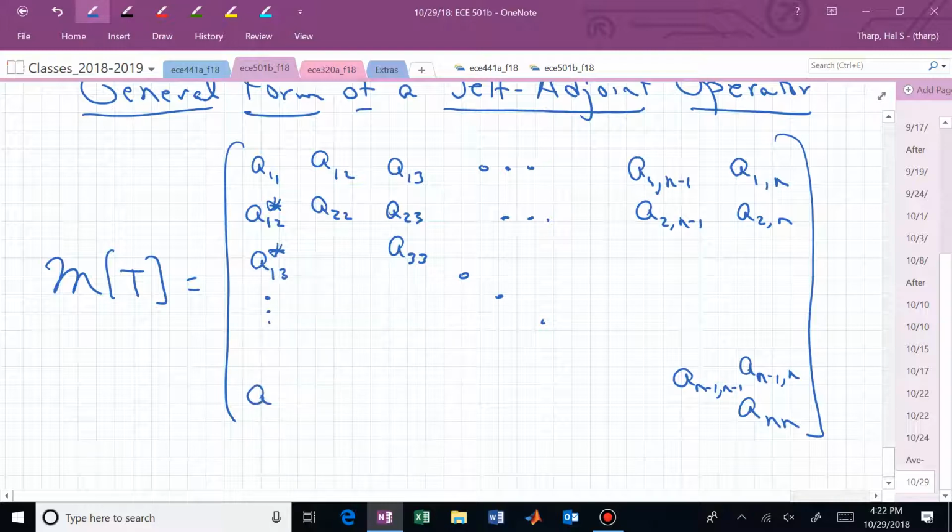And I keep going. So this one is now the complex conjugate of A sub 1n, etc. And this is now A sub 2,3 conjugate. And here is A sub n-1,n conjugate.